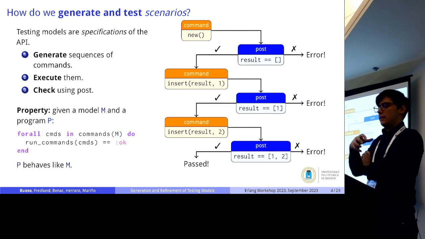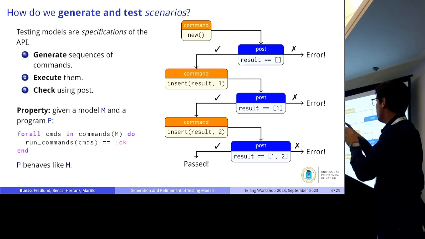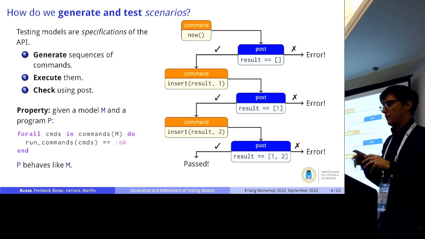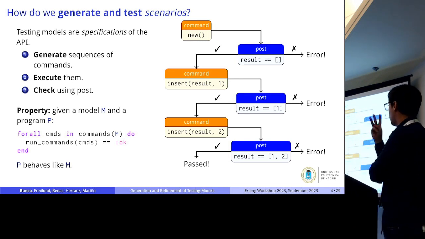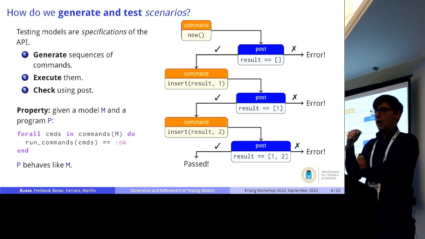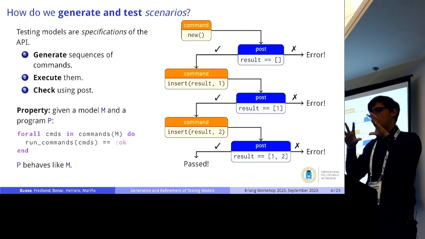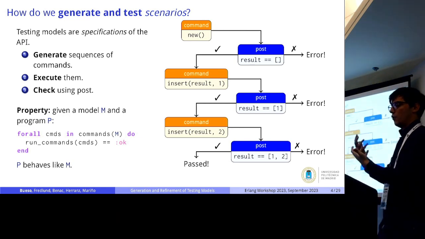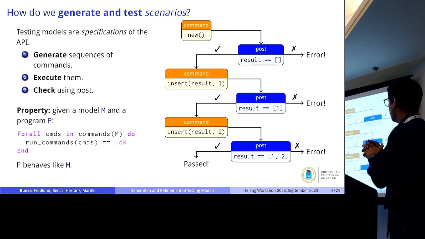In property-based testing, we usually use what we will call testing models, which are basically specifications of these APIs, and they deal with three concerns: a way to generate sequences of commands, a way to execute them, and then they have the information to check some postcondition after executing every generated command.